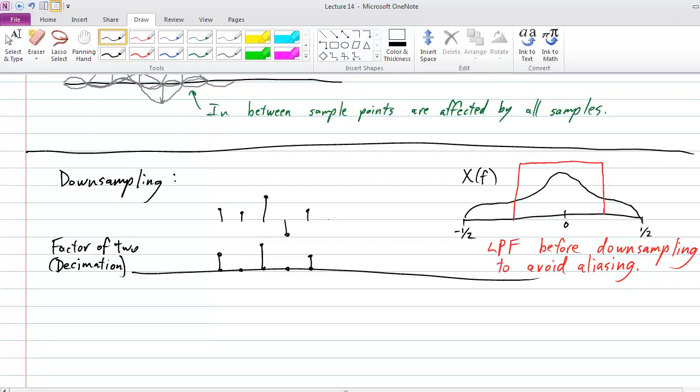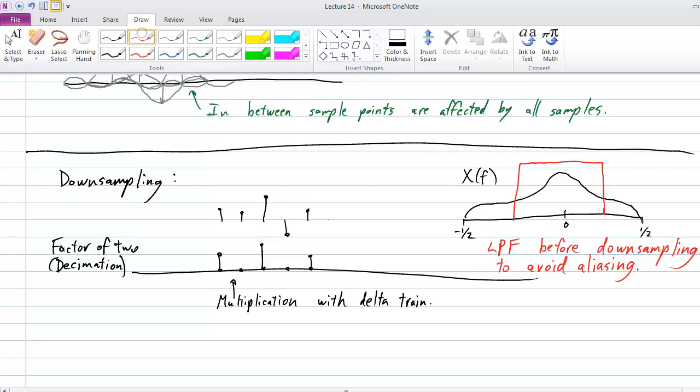And we could analyze what that will do to the frequency content the same way we did in continuous time. This is multiplication with a train of delta functions. For the same reason, that's going to cause copies of this, and it's going to lead to aliasing if we don't first filter it.